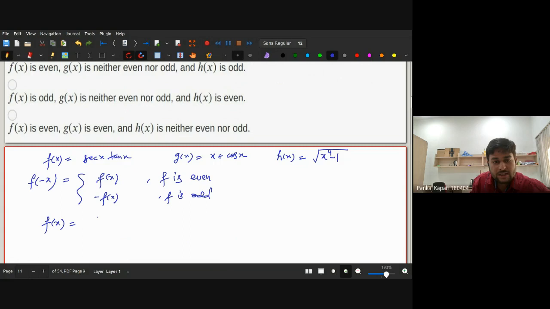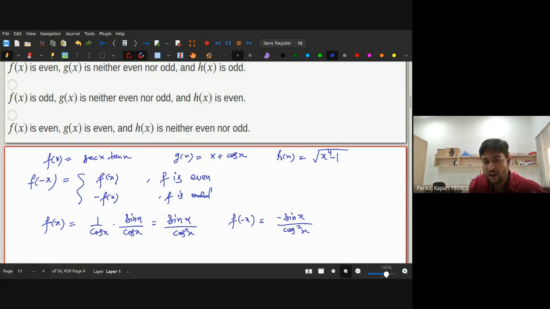Sec x is 1 by cos x and tan x is sin x over cos x, so this is sin x divided by cos square x. Now if you put f of minus x, then you will have sine of minus x, which is minus of sine x, because sine x is an odd function, and the denominator remains the same, because it's the square of the cos, and cos is itself an even function. So this is just equal to minus of f(x). That means f is odd.